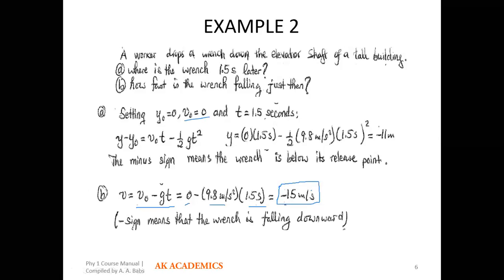The minus sign means that the range is falling downward, like we explained earlier. I remember telling you that when a particle is falling downward, our velocity is going to be negative, and if it is going up, our velocity would be positive. I explained this earlier when we started our teaching. So this is how to solve this particular problem.